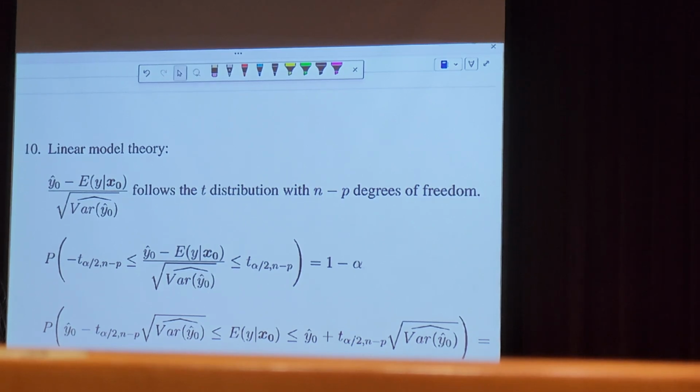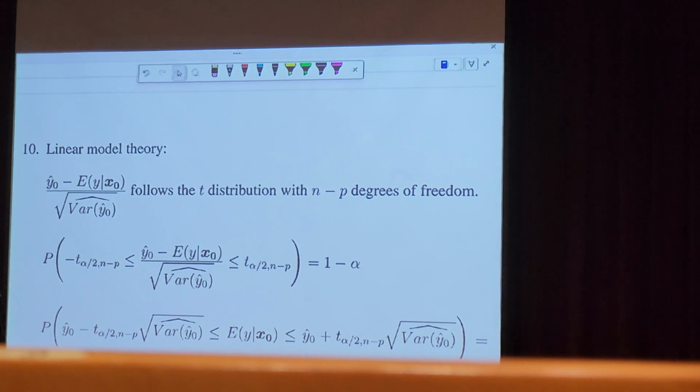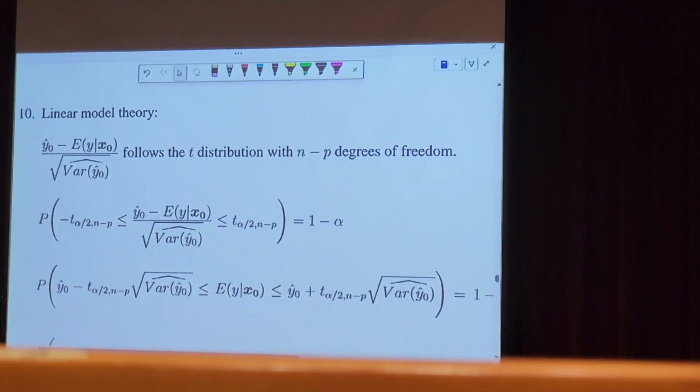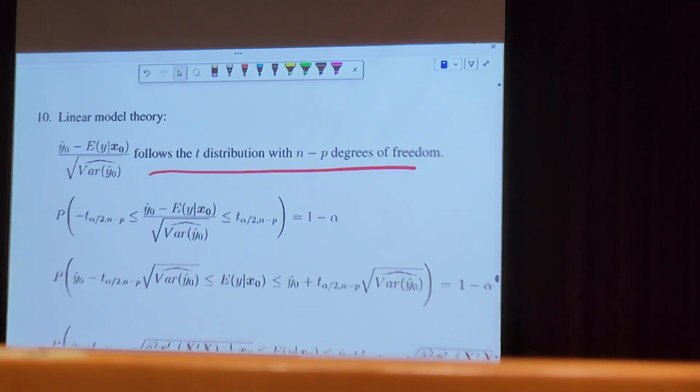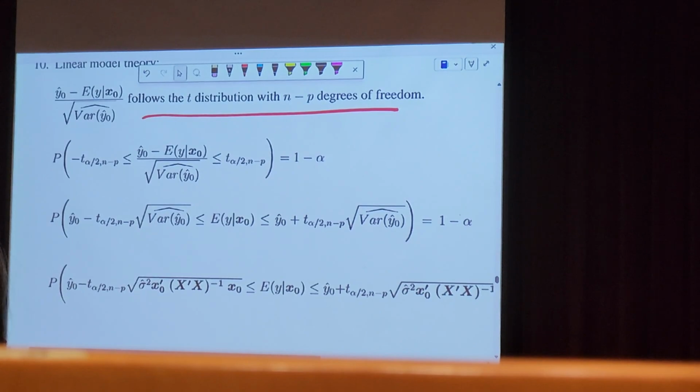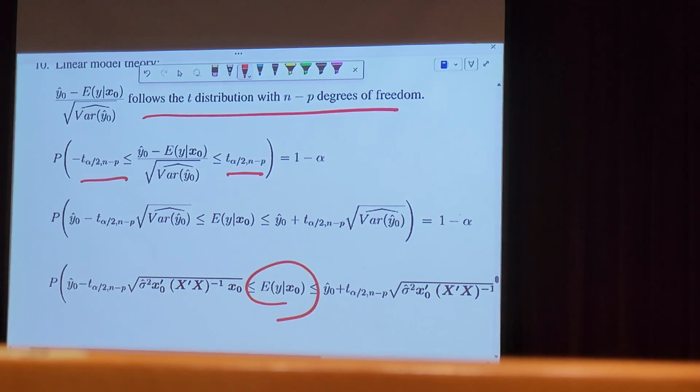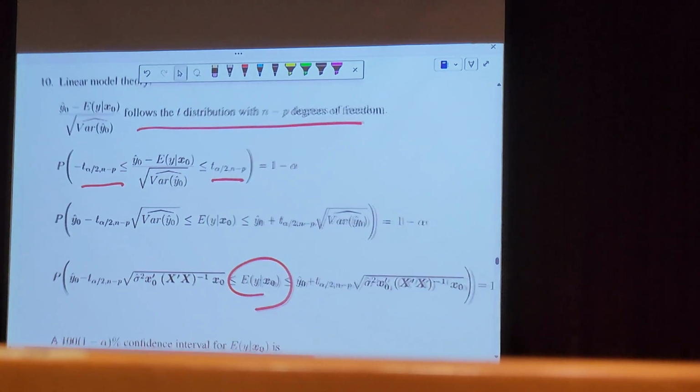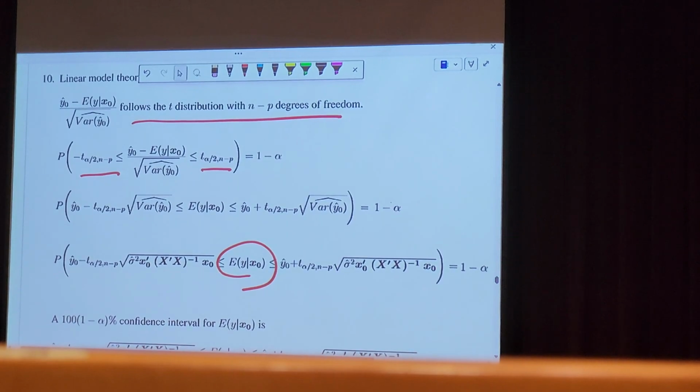So this you prove in the tutorial. And because of this, you can now construct a confidence interval. You can trap this quantity between two t percentiles, and then finally rearrange to have the mean response at x naught at the center. So this is a derivation of the confidence interval that I'm talking about.